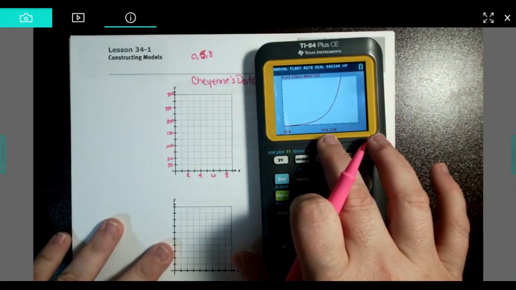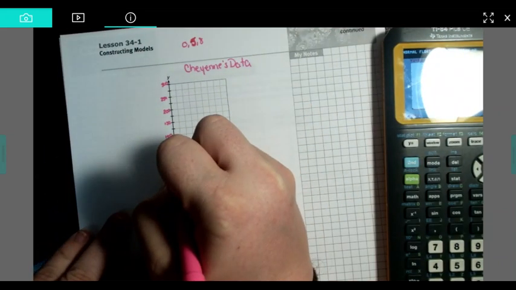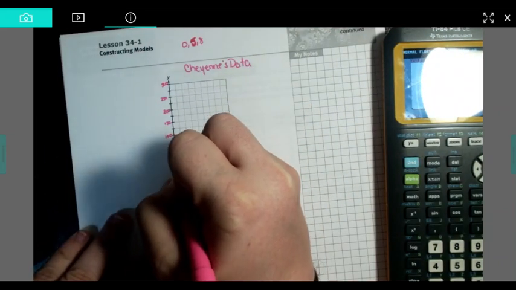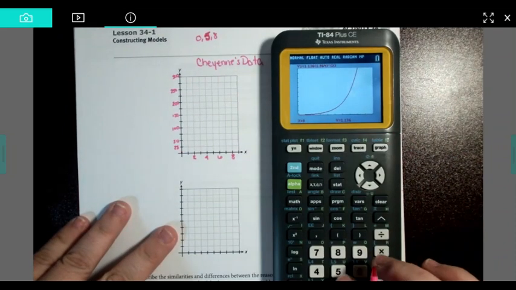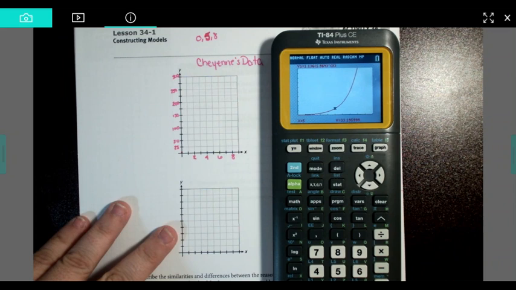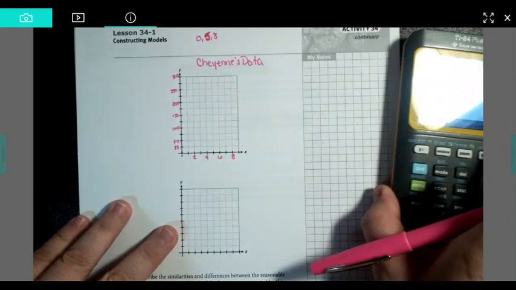Zero is approximately 1.136, way down there. Okay, so I'm going to plot it. It's almost basically at 0, 0. Okay, then we're going to trace at 5. So press 5 and enter. Approximately 33.